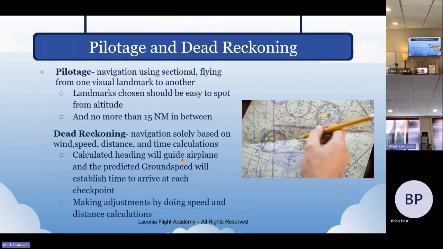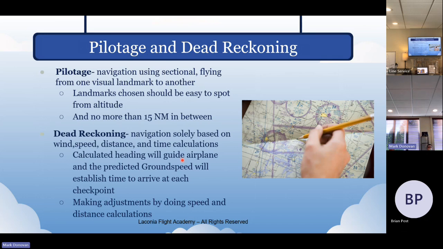Do you guys know what that means? What does it stand for? Speed equals velocity times time. No, not speed. S is for distance. Distance equals velocity times time. Okay, so that's what dead reckoning is about.